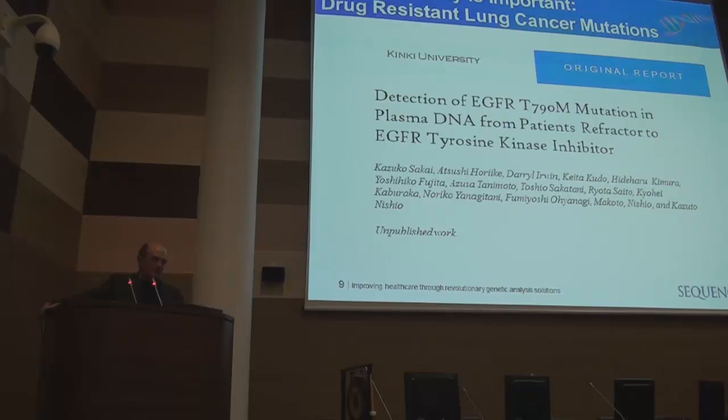And one of the ones which is very favorable to treatment is something called EGFR, epithelial growth factor receptor. And if you have certain mutations in this gene, you become susceptible to some of these new drugs, which are remarkably effective. So that's great news.